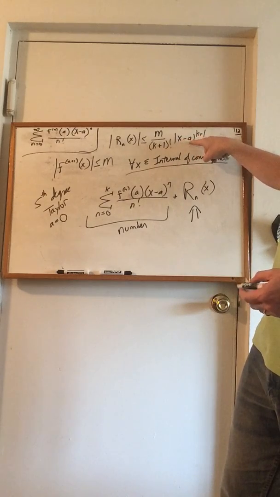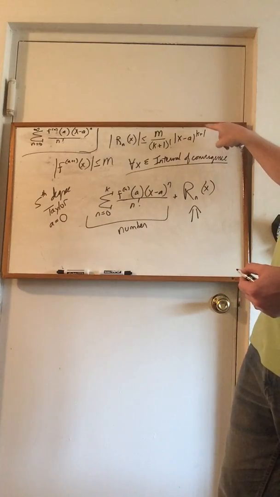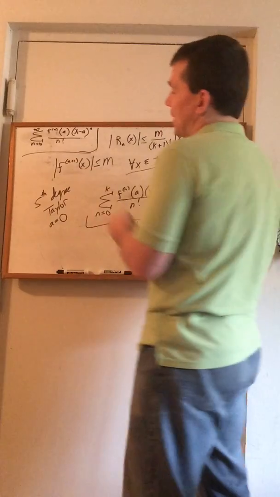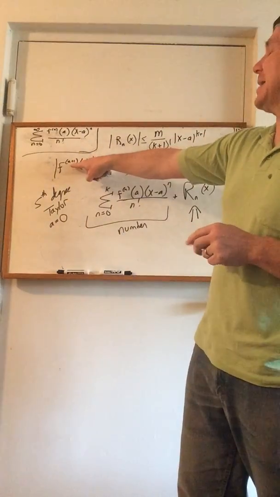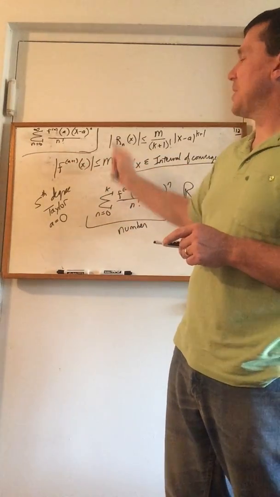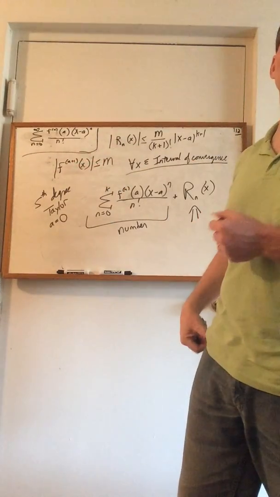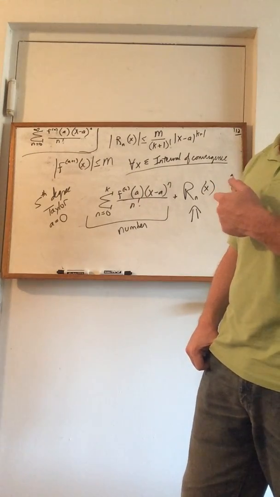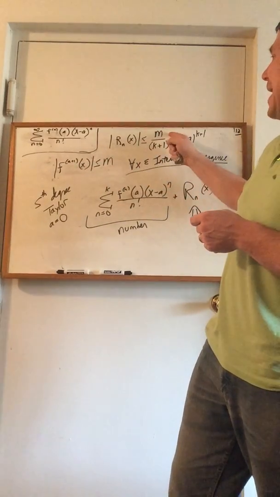This would be x minus the center, which is 0, so that's just x, to the 6. To get M, you take the k plus first derivative. I wrote n because I used n here, but take the n plus first derivative, which for us would be the k plus first derivative. M has to be greater than or equal to every value of that derivative on the given interval. That is actually similar to what we had for Simpson's rule and the trapezoidal rule, so that should make sense to get my M right here.